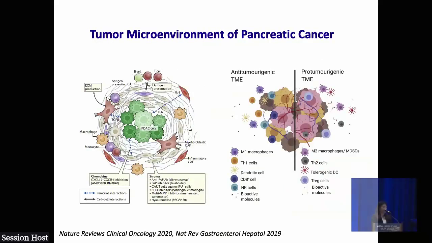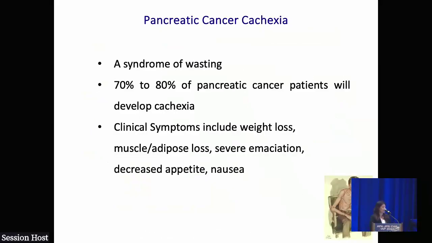Recently, we focus on the tumor microenvironment of pancreatic cancer, which is characterized by a suppressive tumor immune microenvironment consisting of suppressive immune cells, such as M2 macrophages, Th2 cells, tolerogenic DC cells, and Treg cells. It's reported that the suppressive immune microenvironment promotes pancreatic cancer progression.